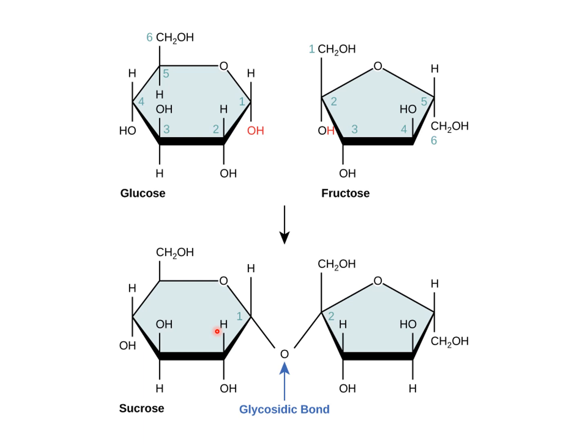Some scientists consider this as one of the reasons why sucrose is a non-reducing sugar, because the glycosidic bond is formed between the two anomeric carbons of the different monosaccharides.